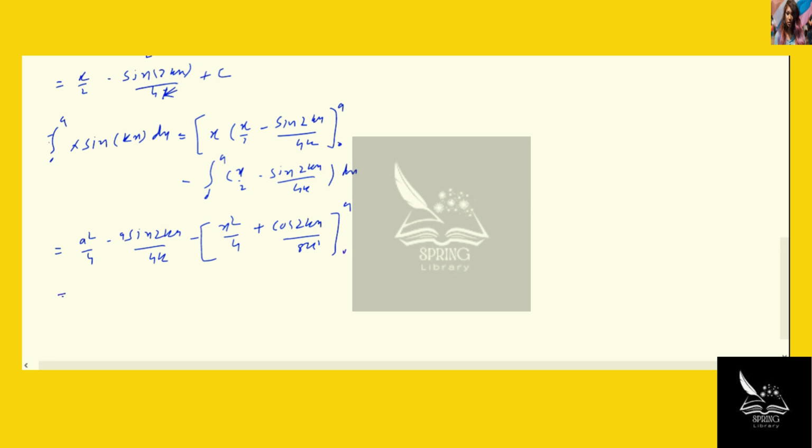So this can be written as a square out of 2 minus a sin 2ka out of 4k minus a square out of 4 plus cos 2ka out of 8k square minus 1 out of 8k square.